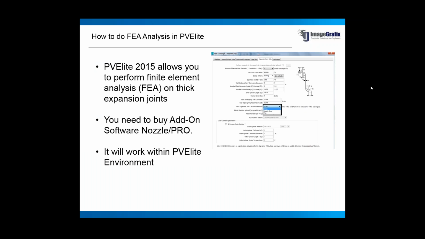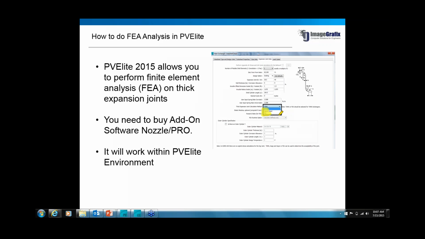Earlier, we had options of only TEMA and then Kopp and Sawyer. These are the two books which they were using earlier. But now you can see this FEA option has been introduced additionally.